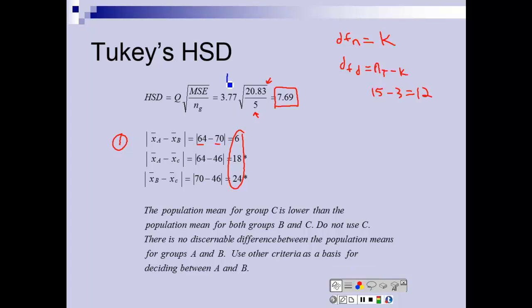And there's our 3.77. Multiply that by, again, the square root of 20.83 divided by 5, you get 7.69.